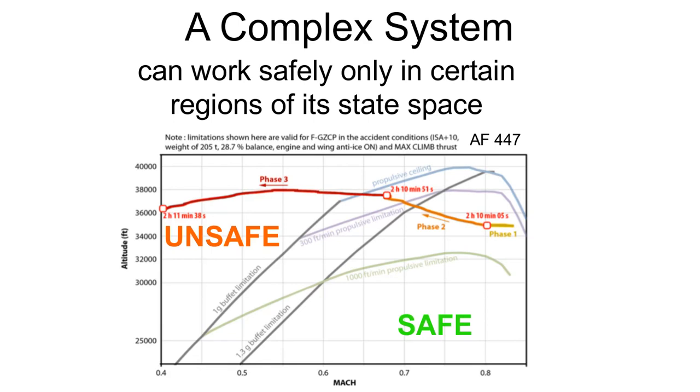Just as an example to explain, this is a chart from the report of the ill-fated Air France AF447 flight, which crashed over the Atlantic. It shows two parameters here. On the vertical axis, the altitude in feet, and on the right axis, the speed in Mach.